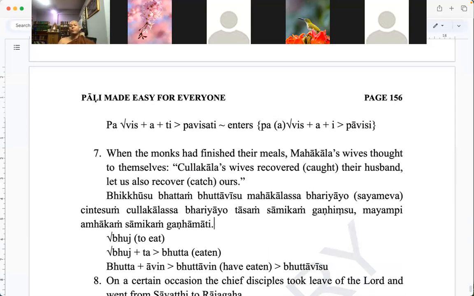Ganamati, in this way. So Bhikkhusu Badan Bodha Visu Mahakalasa Briyayo, Siya Mewa Chindi So. And the Chula Kalasa Briyayo Dasan Samikan Ganen Su. So Mayambi Amakan Samikan Ganamati. So imperative, first person plural. So in this way.